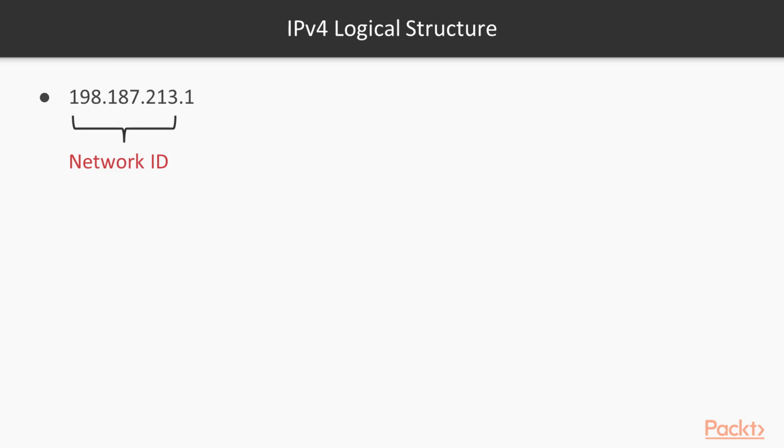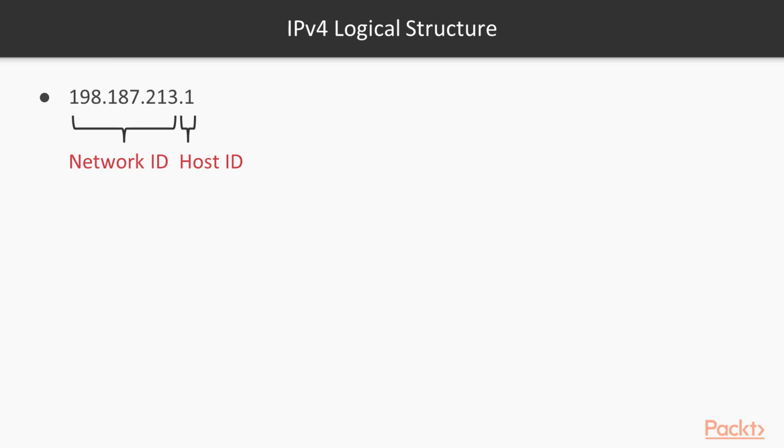That makes sense. It's a network ID, so it should be common between a network's hosts. And the second part is called a host ID, and it should be unique for each host. So these 2 logical parts create a unique identifier, or a unique IP address, for a host.